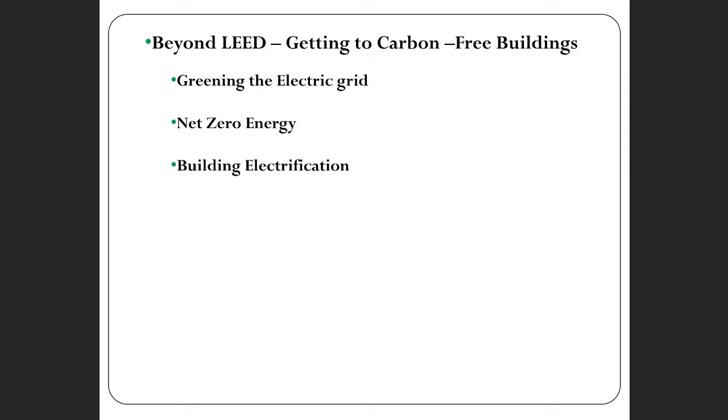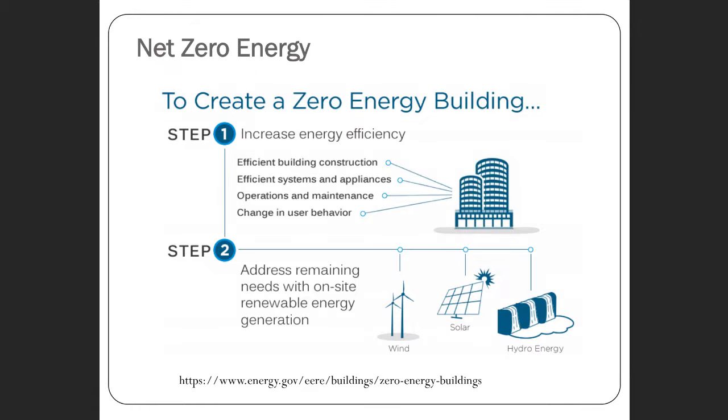So again, we've talked about this before, beyond LEED, right, where our goal now is getting to net zero or carbon-free buildings. We've talked about this already: greening the grid, net zero energy, building electrification. How do we get to net zero?